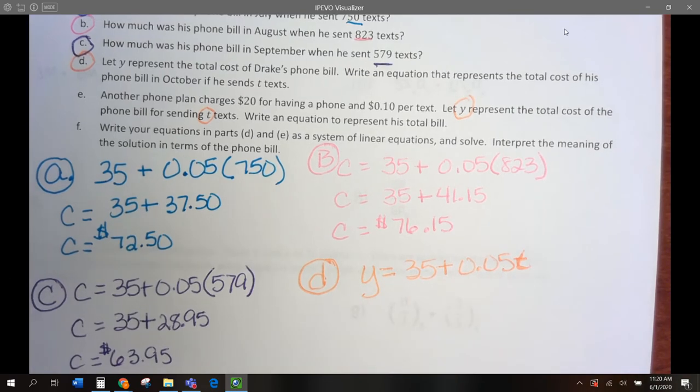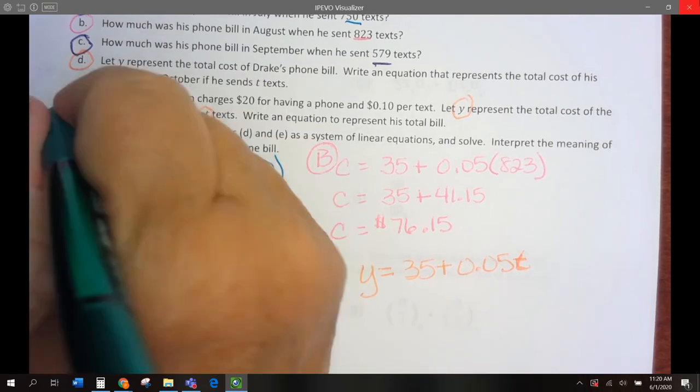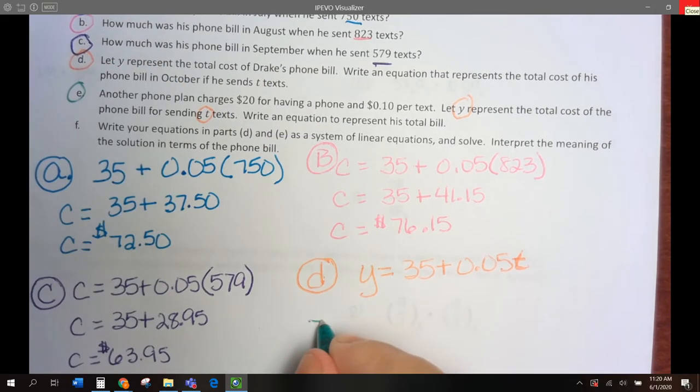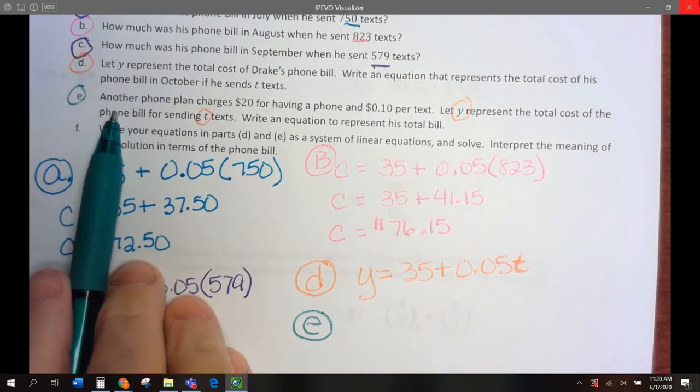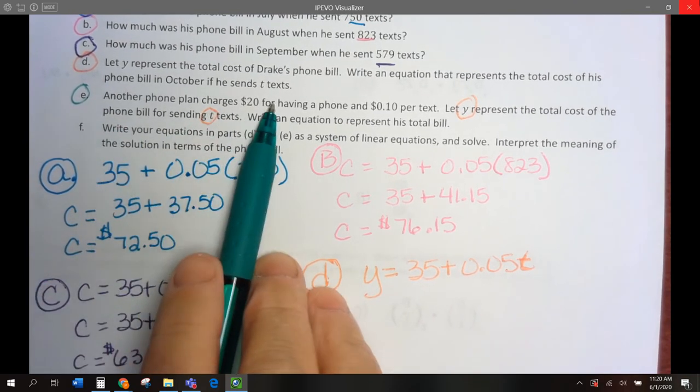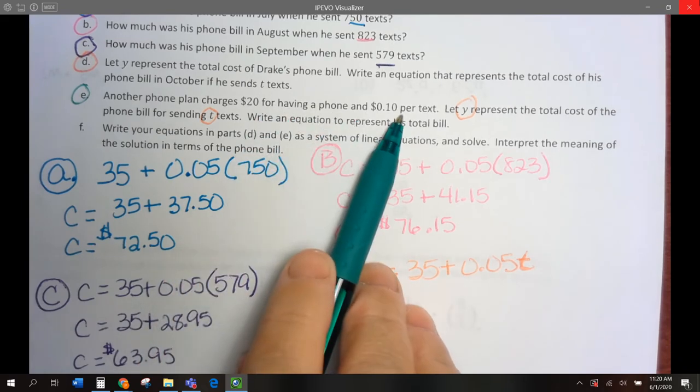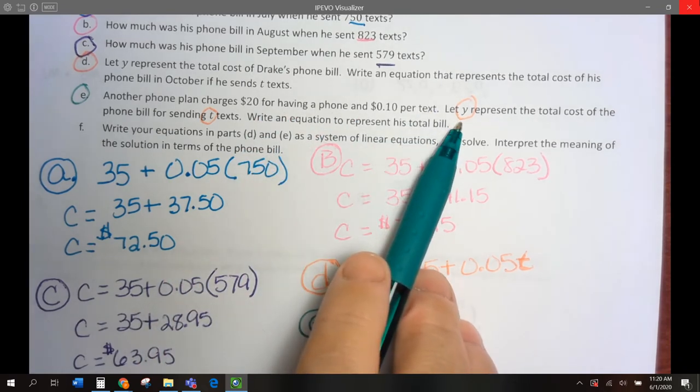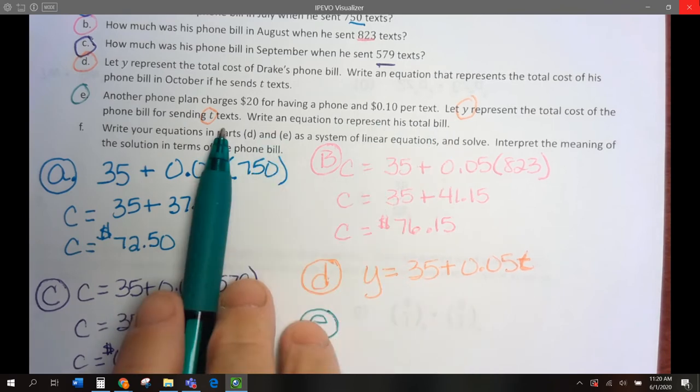Now let's write E. There's another phone plan he's thinking of getting. It's $20 for having a phone and 10 cents a text. So let y represent the total cost and t the texts.